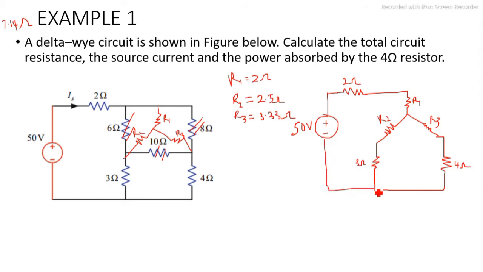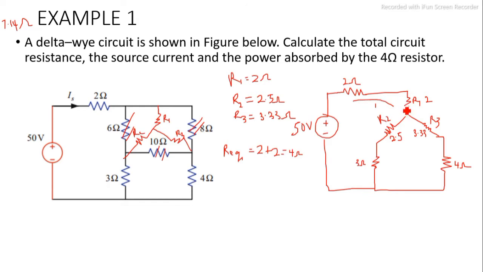Now automatically you can see that R2 and these 3 ohms are in series. Your R2 is 2.5, your R1 is 2, your R3 is 3.33. So the two at the top, R equivalent 1, will be 2 plus 2, which is 4 ohms.